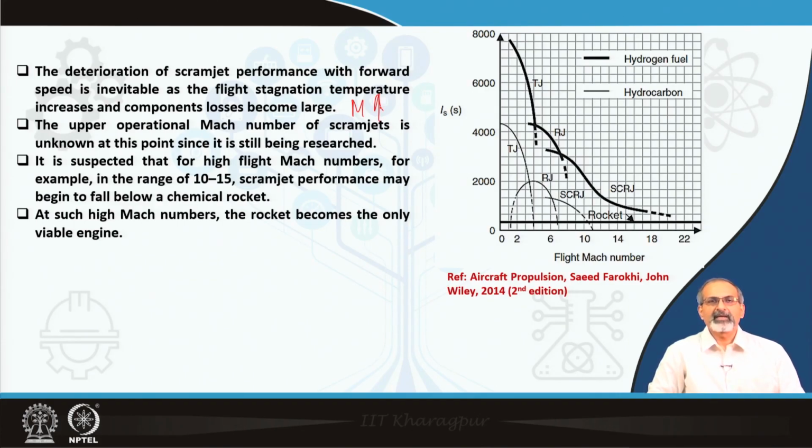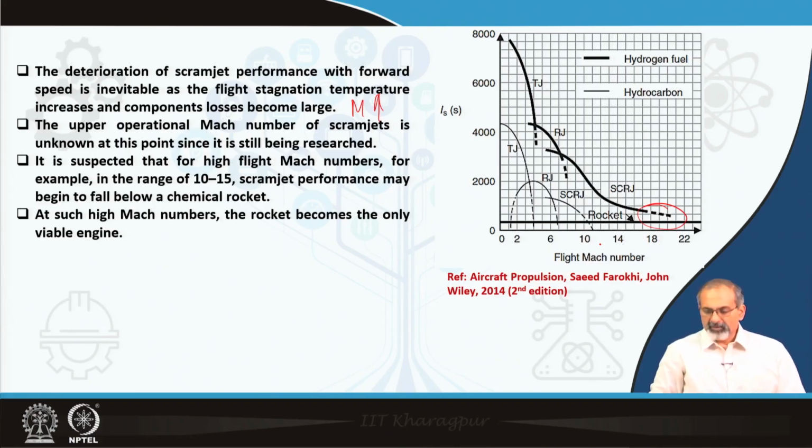It is suspected that once it reaches about 10 to 15 Mach number, the performance will fall below that of chemical rockets. So, there is a suspicion that the scramjet will follow the trend and go below that of the rocket, and therefore, at still higher Mach numbers the rocket becomes the only viable engine.